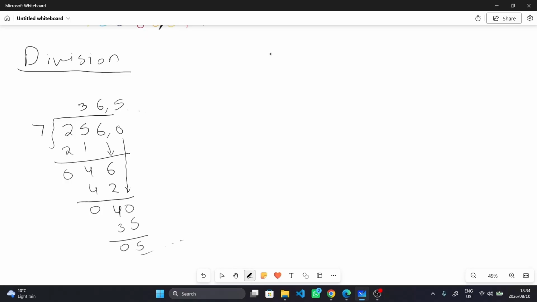So let's say I want to divide 15 divided by 3, right? And we know this answer is 5. But let's do that in binary. We know 15 in binary is 1111 divided by 11, right?